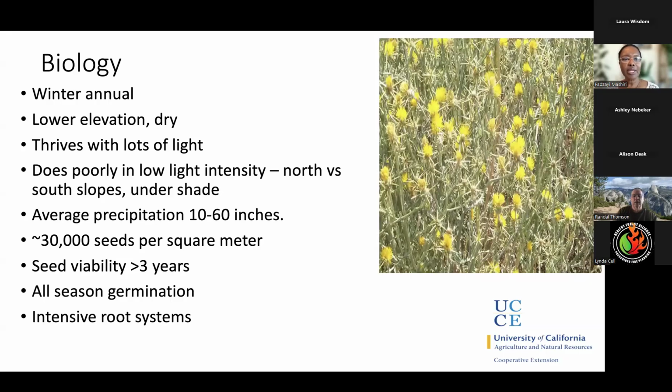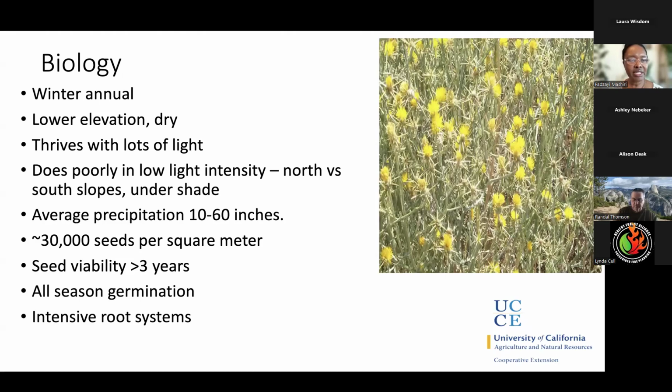The reason why yellow star thistle is an issue, or its invasive potential, comes from it thriving very well in low competition environments. Yellow star thistle just takes over and actually shades out the other plants. So it's really predominant in areas where you have south-facing slopes, and doesn't do well under shade.